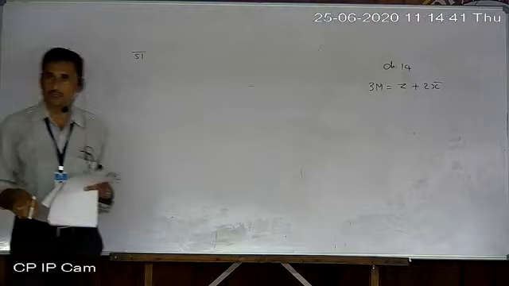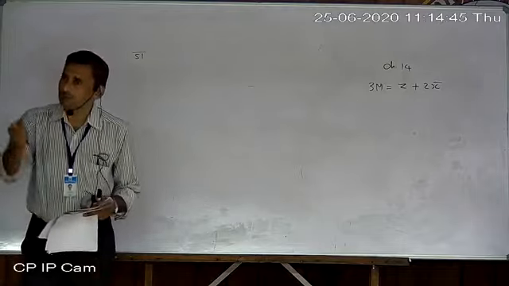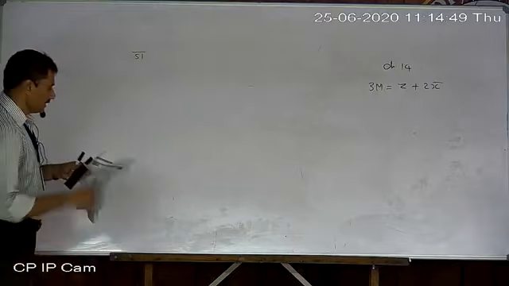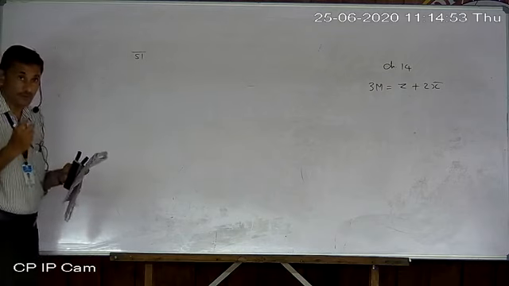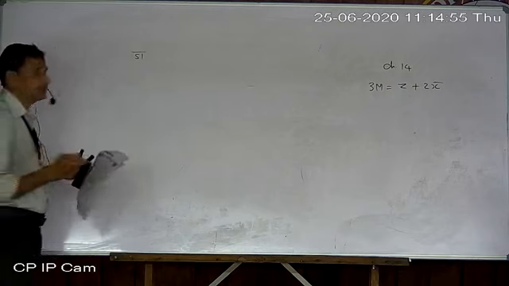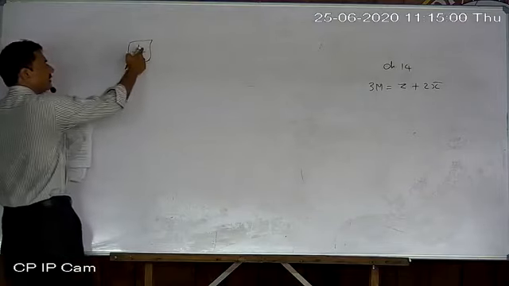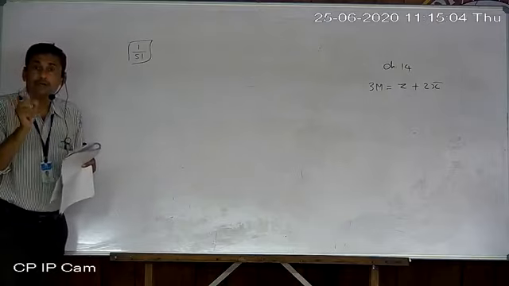In a 50 marks test, the total outcomes can be 51. Why? 0 can also be allotted. And what is favorable? We get 50 marks. Our favorable outcome is getting 50 only. So 1 upon 51. Don't write the value here.